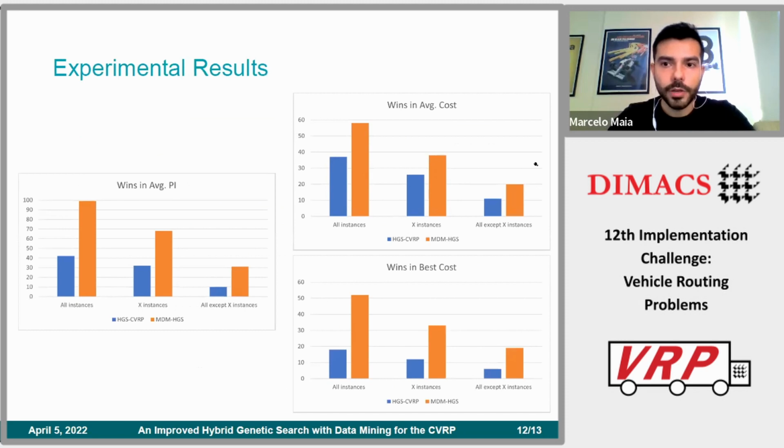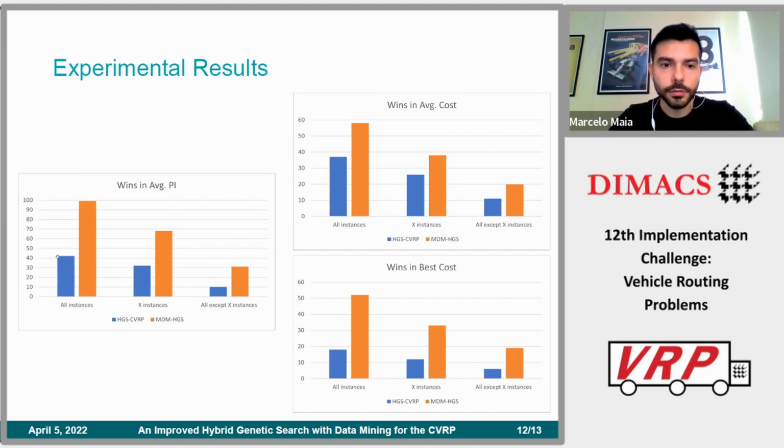Then we have performed some experiments comparing our method, MDM-HGS, with the original HGS-CVRP, and compared them regarding the average primal integral, and also average cost and best cost.